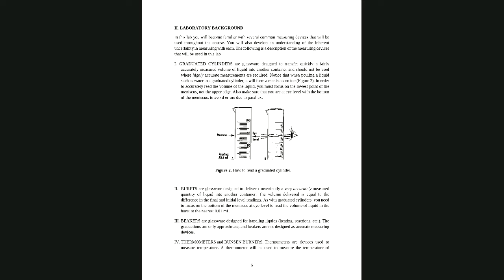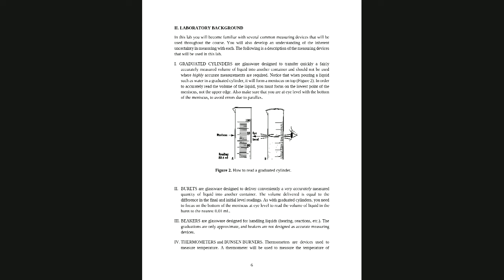The liquid in a cylinder-shaped equipment stays in a curved shape, and when you are measuring, you have to read the number across from the lowest point of the curve, which is known as the meniscus. So we are looking for the meniscus, and you are going to read the number across from it.